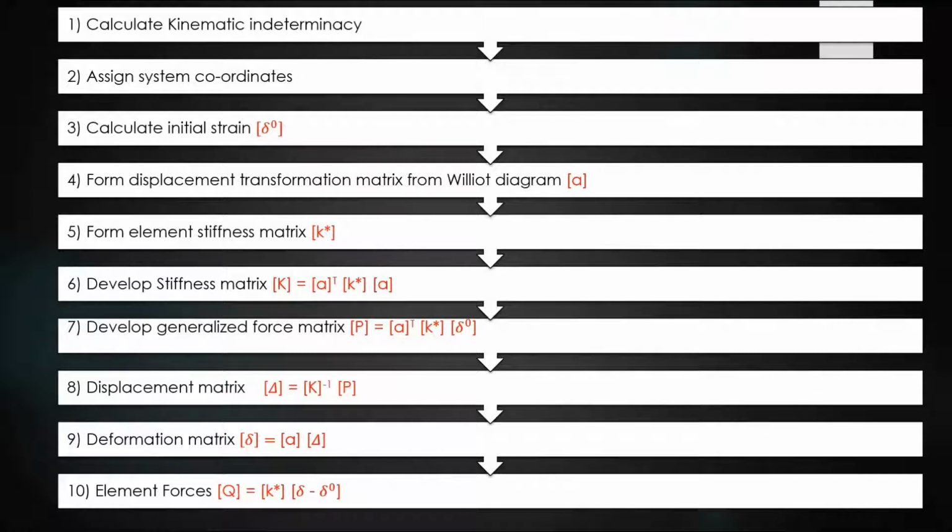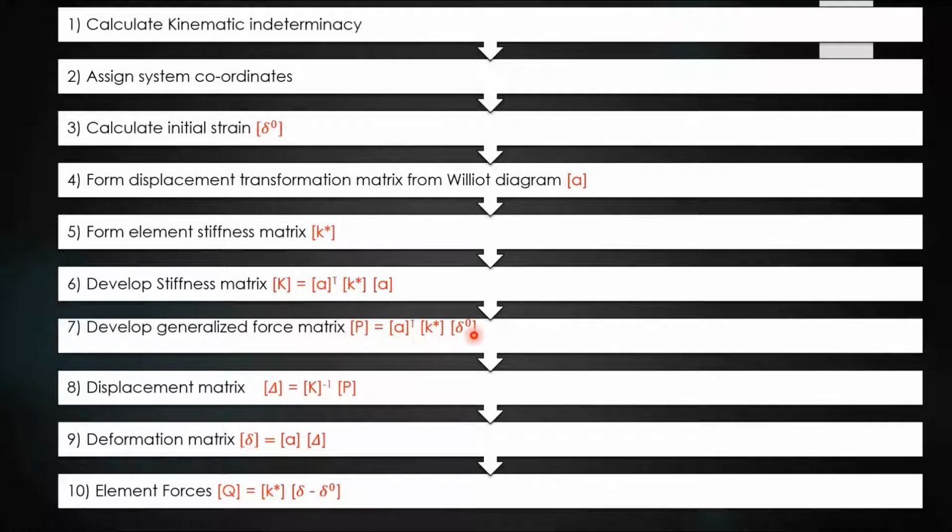In the fourth step, we will form a displacement transformation matrix using the Williot diagram. In the fifth step, we will form the element stiffness matrix, then develop the stiffness matrix using the equation K is equal to A transpose into element stiffness matrix into A, where A is the displacement transformation matrix. In the seventh step, we have to develop the generalized force matrix.